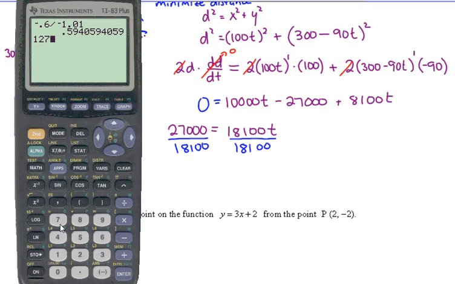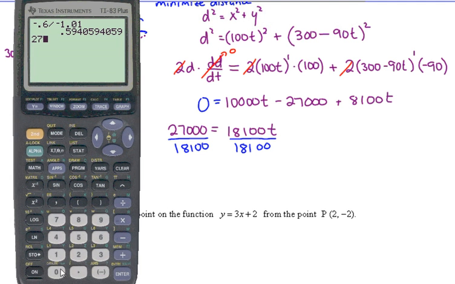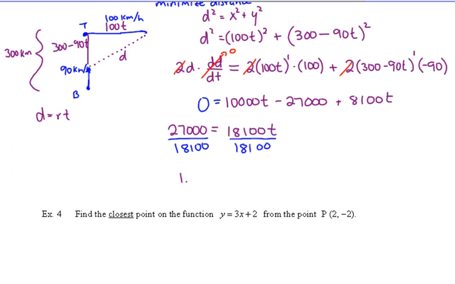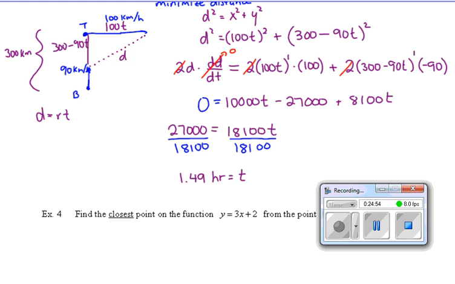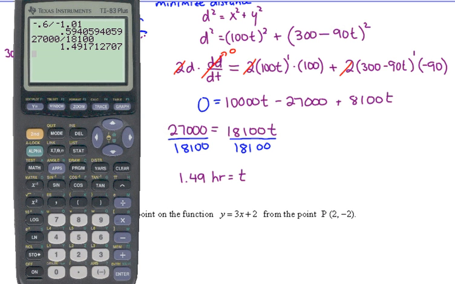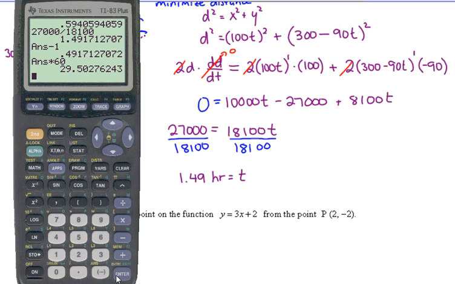So to the nearest minute, 1.49 hours. Or if we want the time, subtract the 1, because it's 1 hour, and then to convert the decimal of an hour to minutes, times it by 60. So it'd be 1 hour, and it actually rounds to 30 minutes.